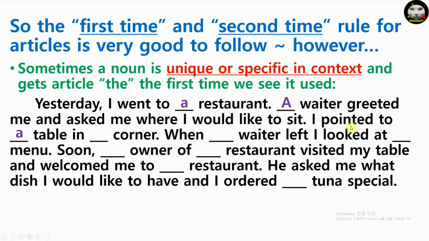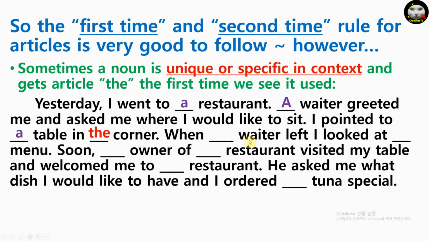I am pointing in a direction. In that direction, there's only one corner. That means corner is a specific or unique corner. So we're going to start with article the, because in context, there's only one unique corner in that direction.